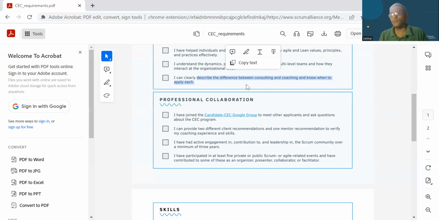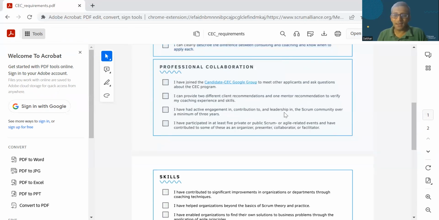If you as a consultant apply for this, most of the reviewers have an idea of what you're doing. So coaching must be separated from consulting. If you are consulting in organizations, this certification is not a really good fit for CEC.